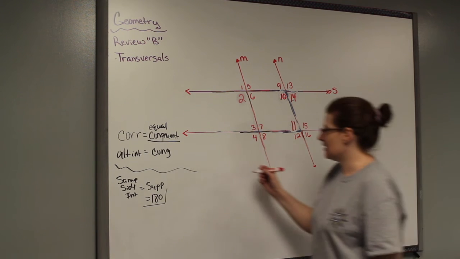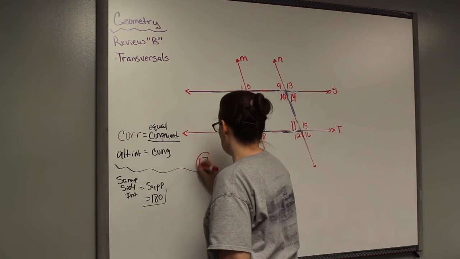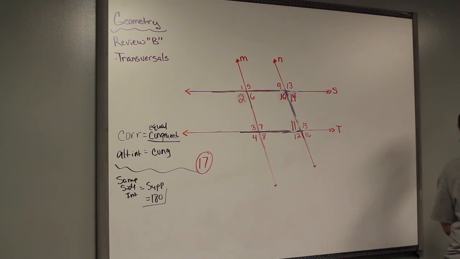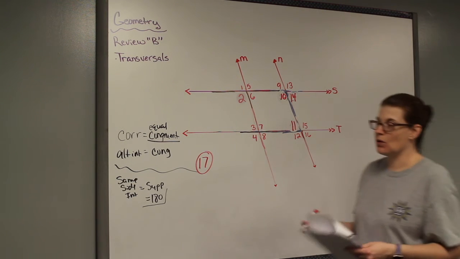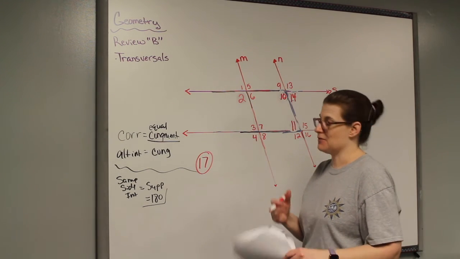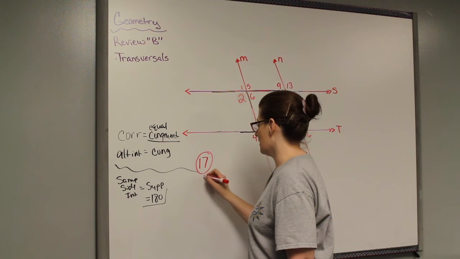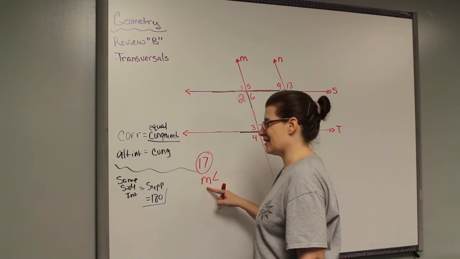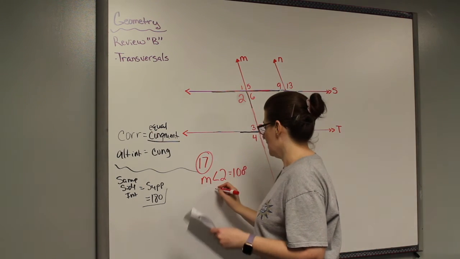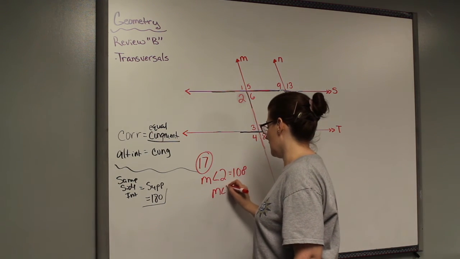So problem 17, I'll tell you what they tell me. Now, these don't go together, so if, say, 17 tells you angle 2 is 100, that doesn't mean that it's 100 in every one of these problems. Each problem is different. So they say the measure, that's what the M means, of angle 2 is 100 degrees. Find out what the measure of angle 7 is.